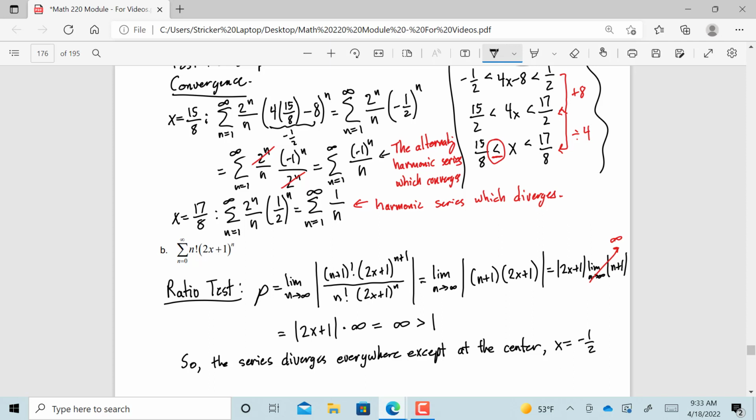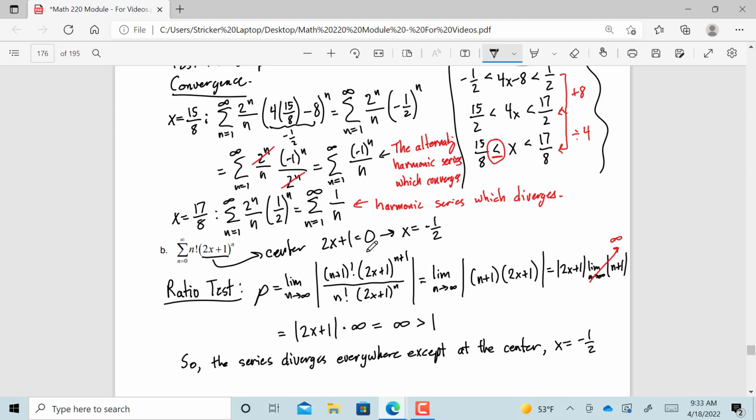Now how do we know that? Well, to find the center, we're just going to take that 2x plus 1 part, set it equal to 0 and solve for x. So that's going to tell us that x equals negative 1/2.